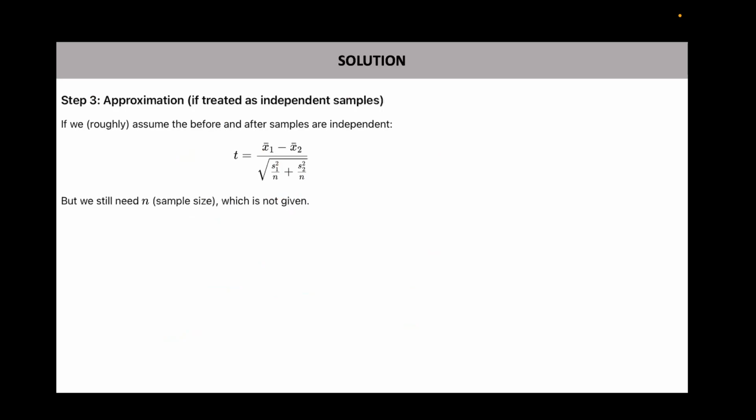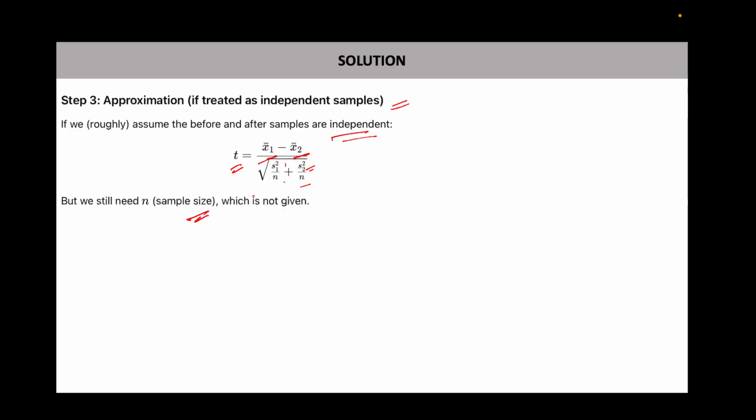So now, if we treat these two samples as two independent samples, and roughly assume the before-treatment and after-treatment variables are independent, then to calculate the t statistic we need the mean of x1 minus the mean of x2, divided by the square root of (standard deviation of 1 squared over n1 plus standard deviation of 2 squared over n2). But we still need the sample sizes, which are not given.